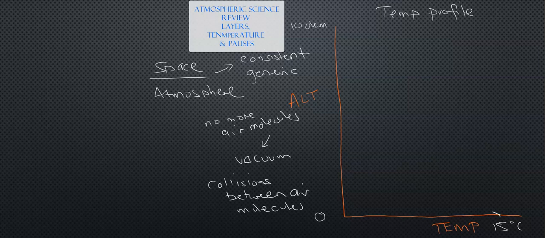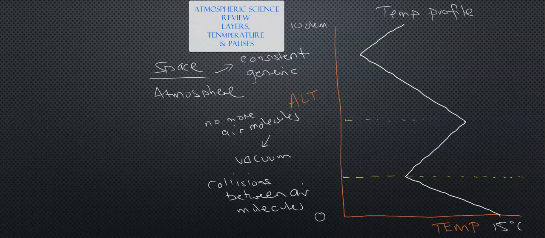So we first get colder, then we get warmer, then we get a lot colder, and then it starts to get warmer again. So if we just draw these horizontal dashed lines to where the temperature pattern changes, we have this decrease from the surface down to around minus 60.